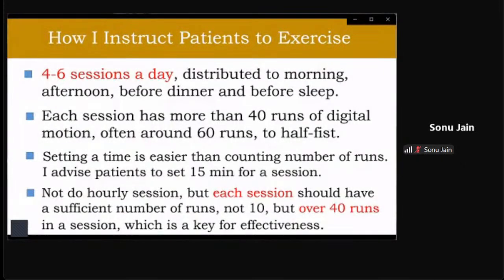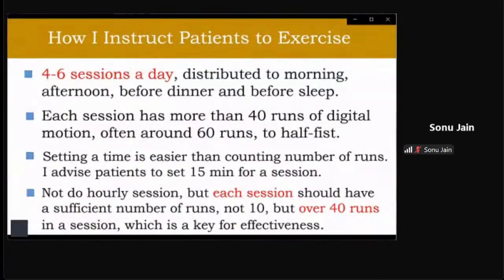This is a summary of my protocol. It's 4 to 6 sessions a day. You do not need to do the arch motion, but increase the rounds of each session, at least 40 rounds of digital flexion, often even 60 rounds or 80 rounds. I ask patients to set a timer to record each session, 5 minutes or 10 minutes, rather than counting the number.